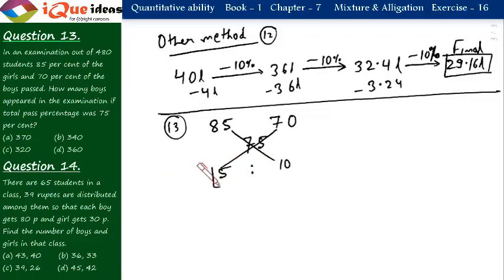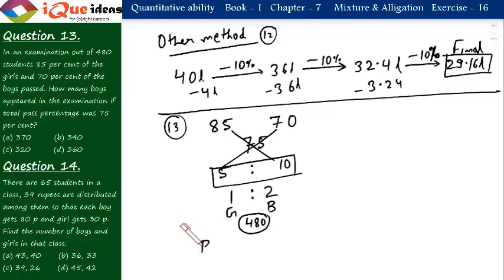So the ratio of the number of people in these two groups is 5:10, which is 1:2. The first group is girls and the second group is boys. So the ratio of girls to boys is 1:2 and the total is 480. We need to find the number of boys, so basically divide 480 in the ratio 1:2.